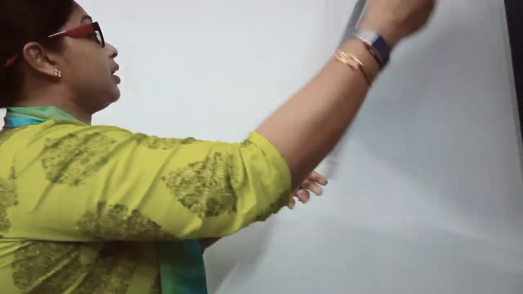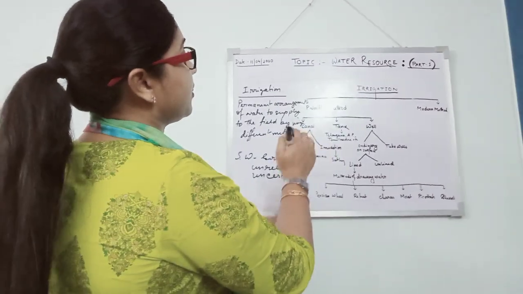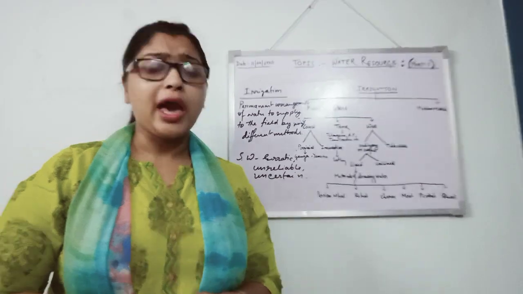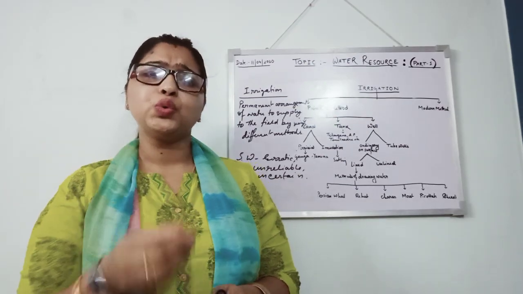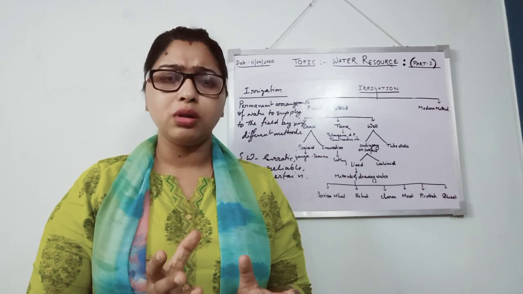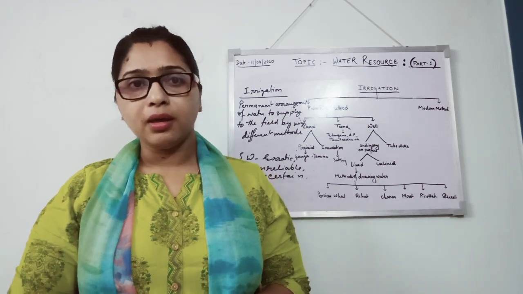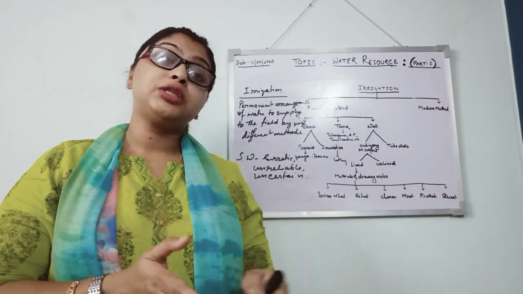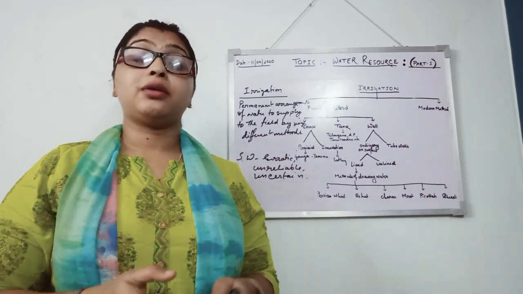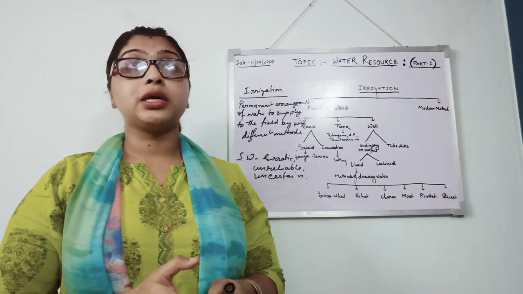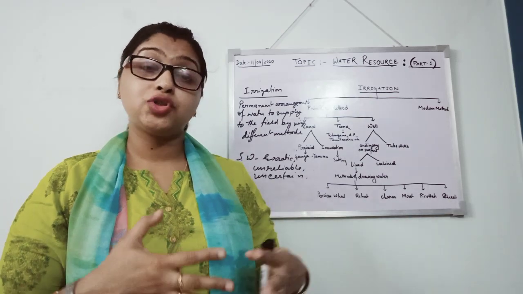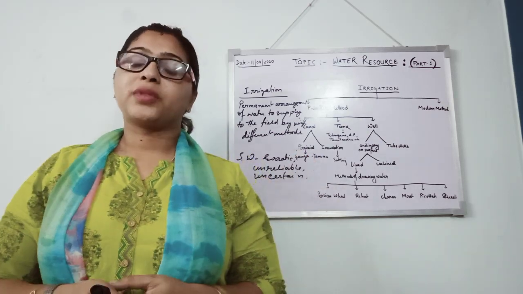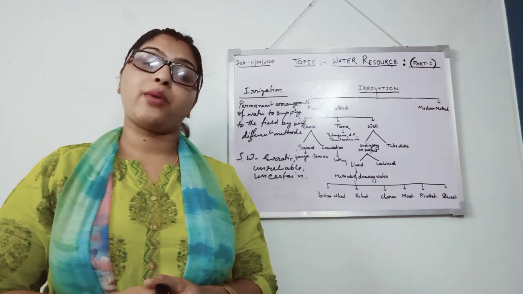Next, here is inundation. What is inundation? Have you ever seen, when you pour water in a bowl again and again, what will happen? After some time it will overflow. The same condition we can see in some rivers. During the rainy season, due to heavy or torrential rain, the rivers overflow and flood conditions are created.